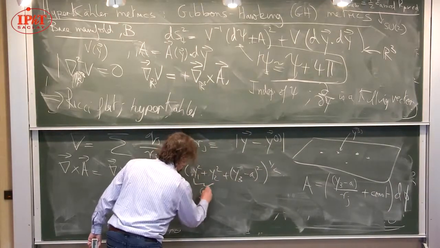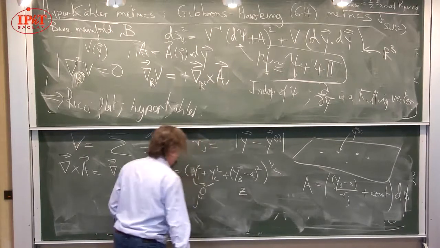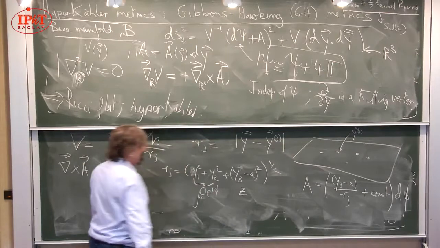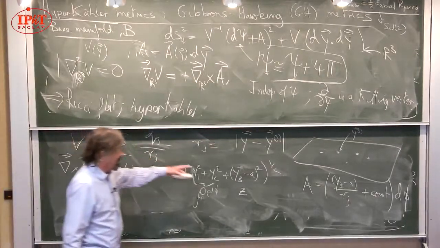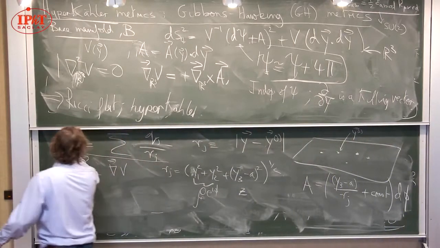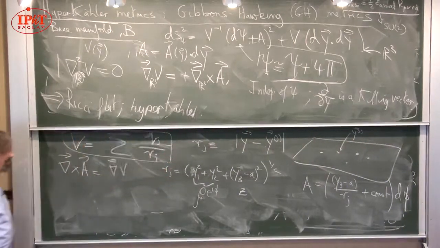So this is rho and this is z, rho e to the i phi. It's an elementary exercise to solve, I won't go there. But basically, you now take V to look like this. You can add a constant.